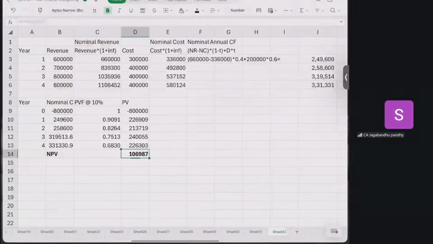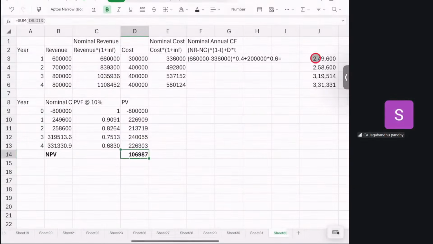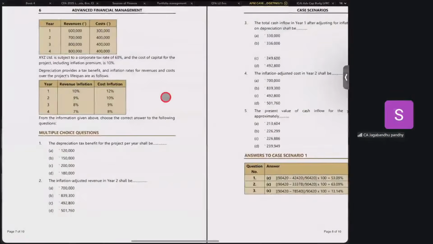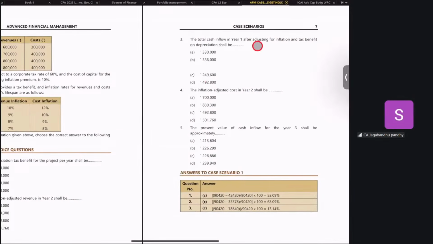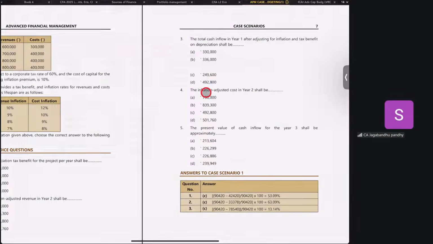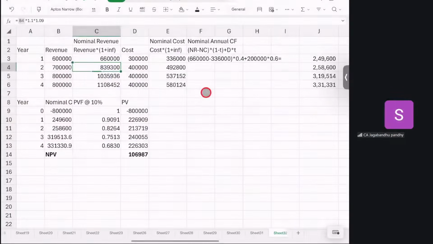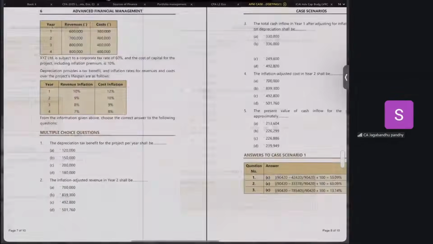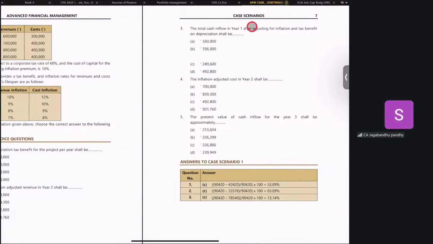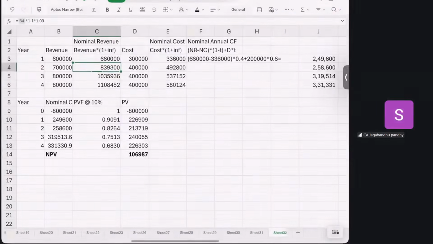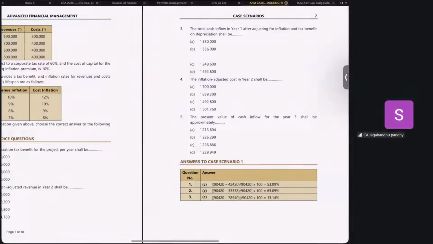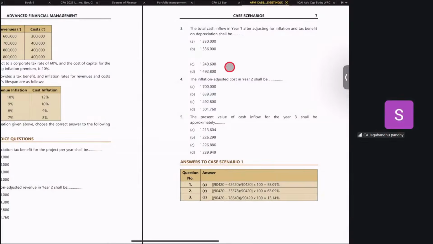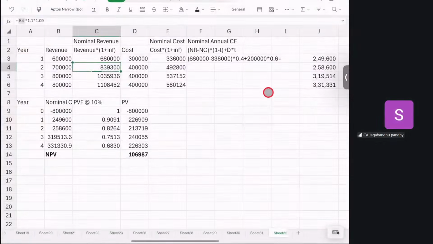Option B. Total cash inflow in year 1 after adjusting for inflation and tax benefit on depreciation is 249,600. Yes, 249,600.